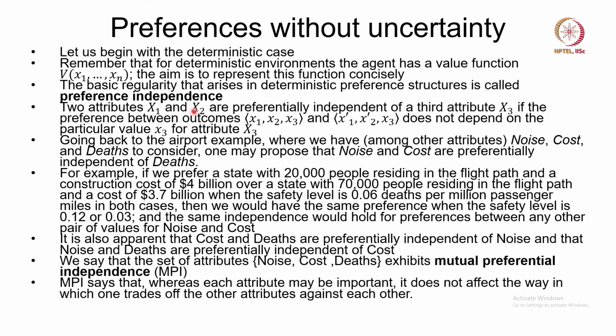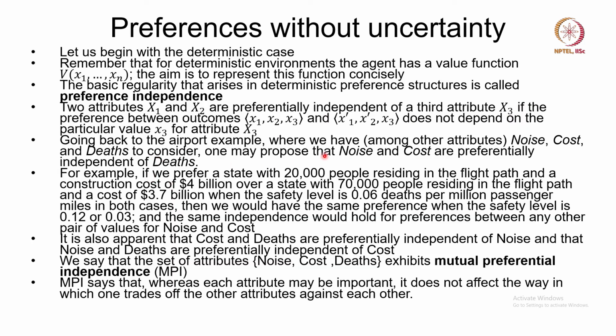We can say x1 and x2 is preferentially independent of the third attribute x3 if, when you compare x1, x2, x3 and x1 dash, x2 dash, x3, the outcome does not depend on x3 at all, right? Then you say that x1 and x2 are preferentially independent of x3, right?